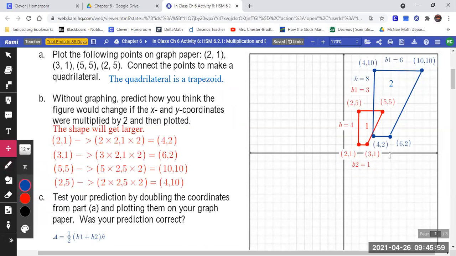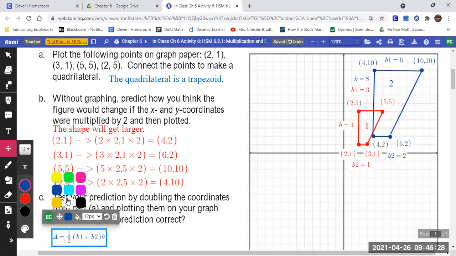So I'm just copying and pasting. 2, yeah. Okay, so let me fill this so it doesn't have that line through it. That should be filled white, yes. So this base 2 is 2. So we have all the numbers, base 1, base 2, and height, right?